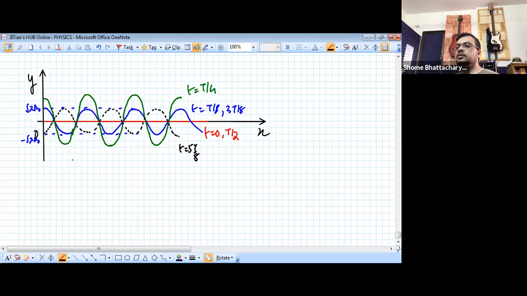Okay. And then 3T by 4, it's here. Then 7T by 8, it will be back here.